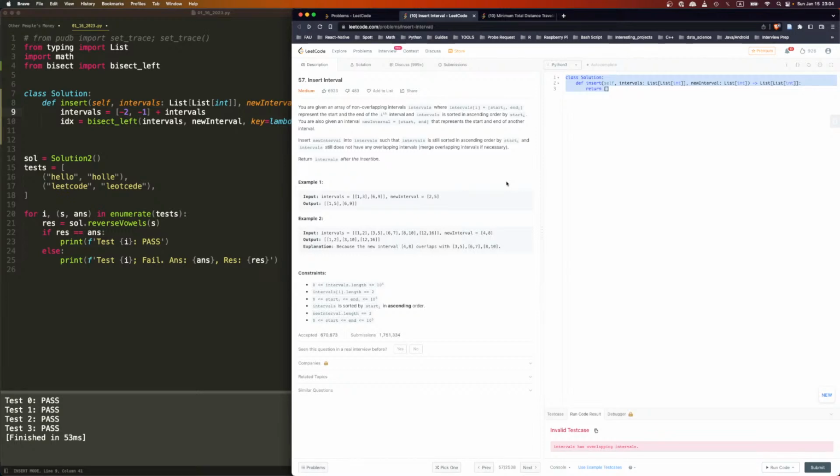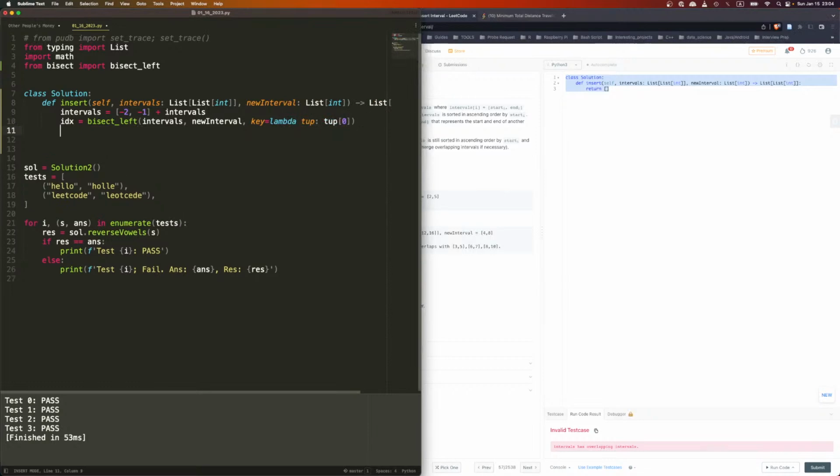Let's see if this will make it easier. So now we get an index, right? Then we can say two situations. If intervals at index, because it's the same, I go to the next one. So index -1, 0 is equal to new interval 0.